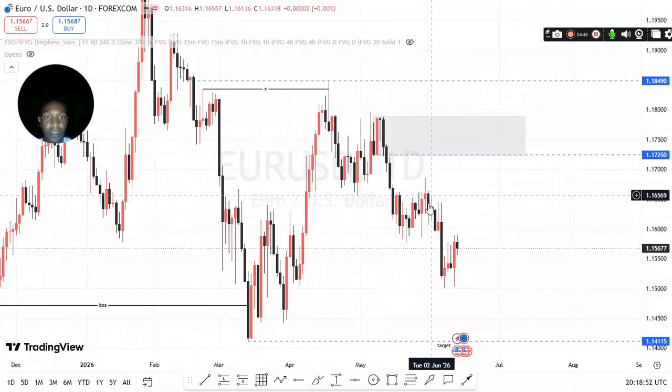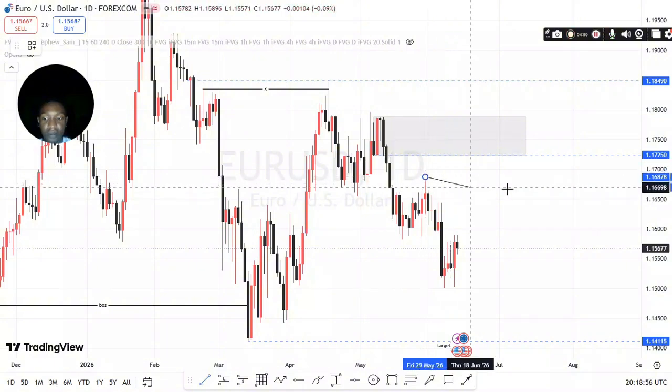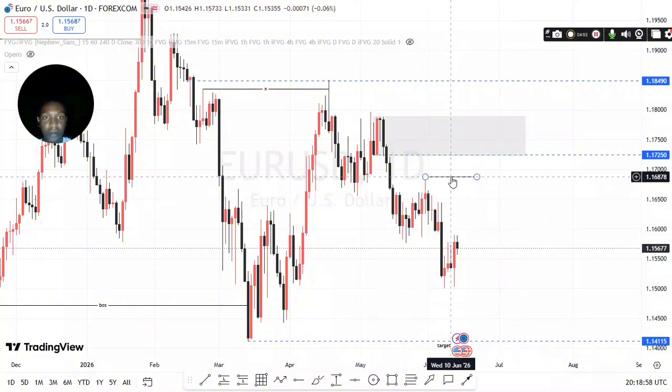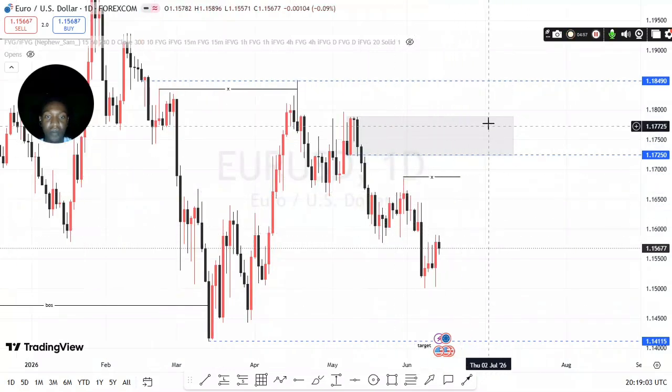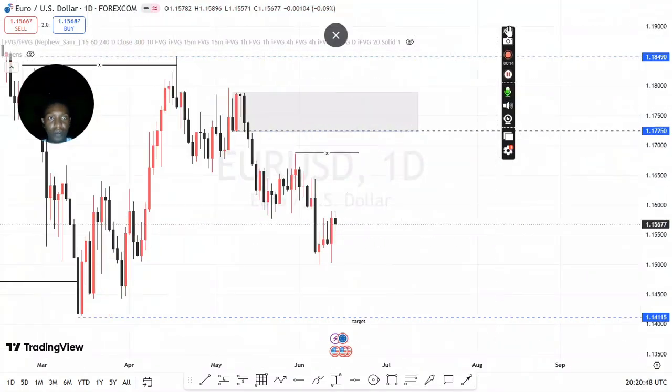I'm seeing this here as a liquidity high, and I expect price to go up here.